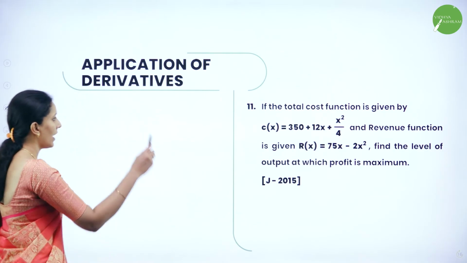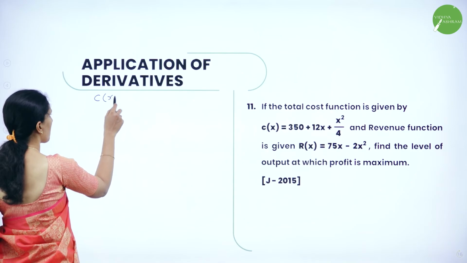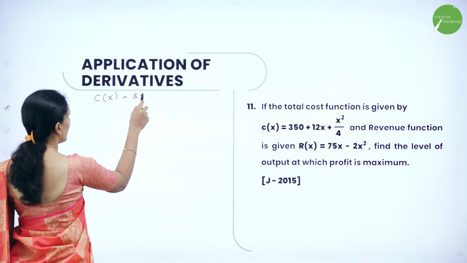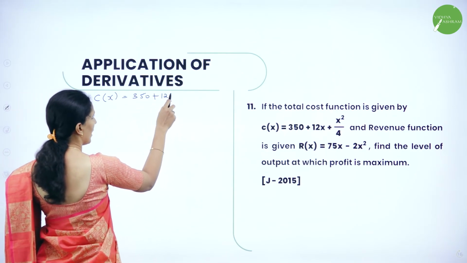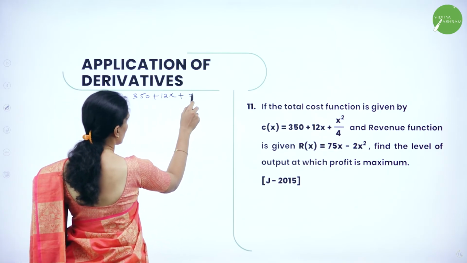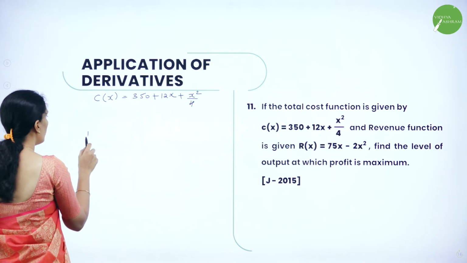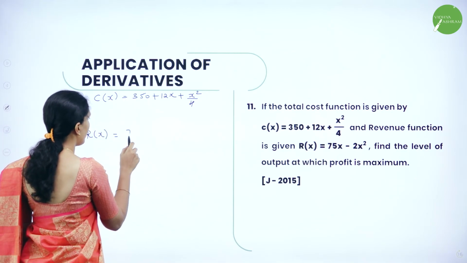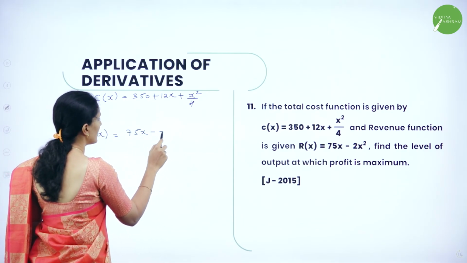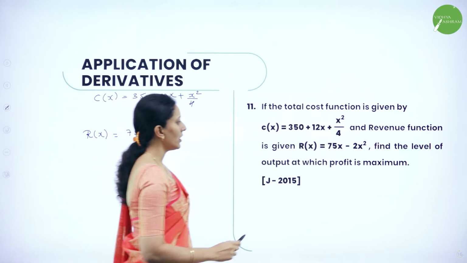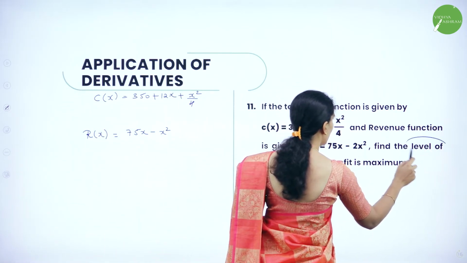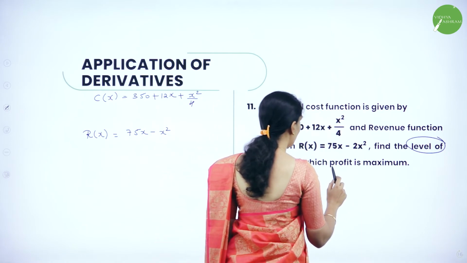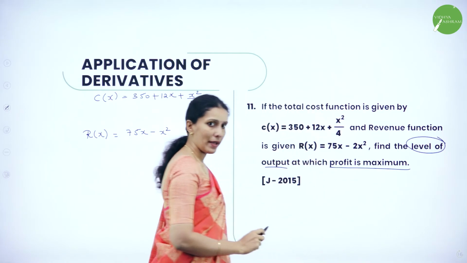So here we have C of x is equal to 350 plus 12x plus x square by 4. And one more, we have R of x, given by 75x minus x square. Now the condition: we have to find the level of output at which profit is maximum.